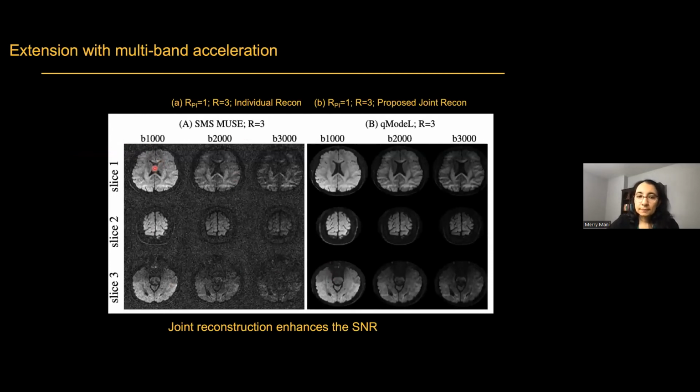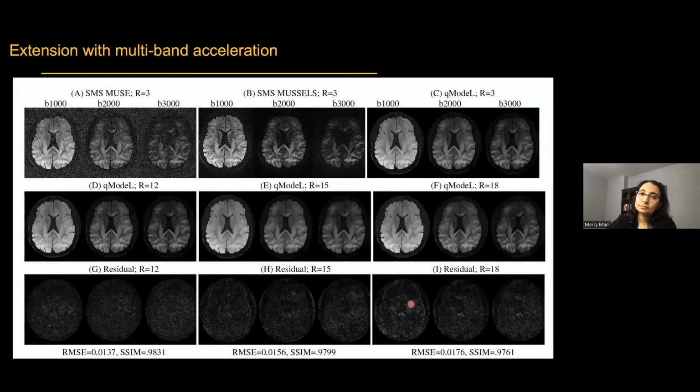This is an individual reconstruction, a point by point reconstruction of the multi-shell data using traditional, no model-based, no deep learning in this method, whereas this is the KQ model reconstruction from the fully sampled case. Basically this shows the SNR improvement that comes from the joint reconstruction as well as the denoising provided by the Q-space regularizer.